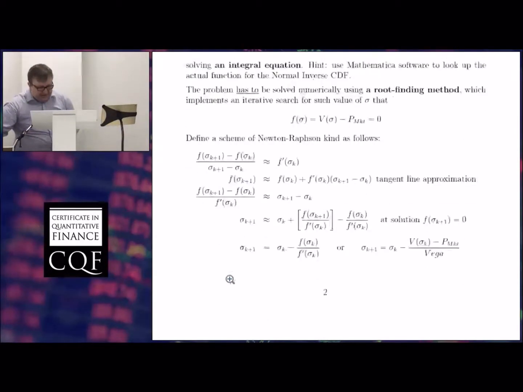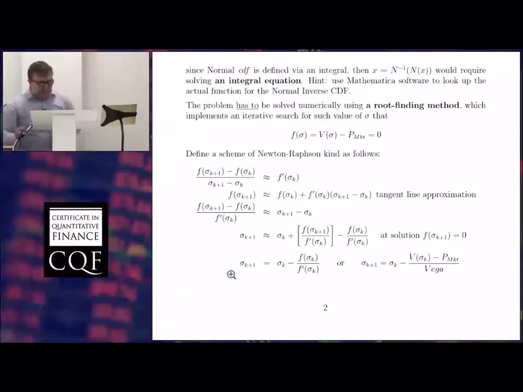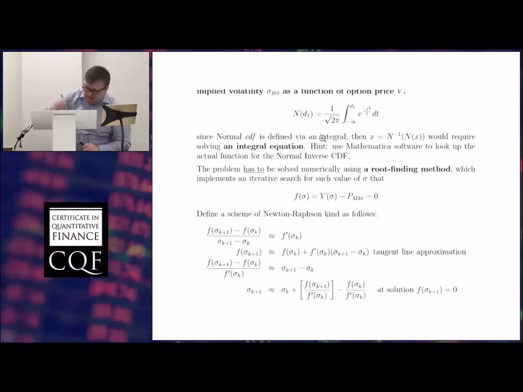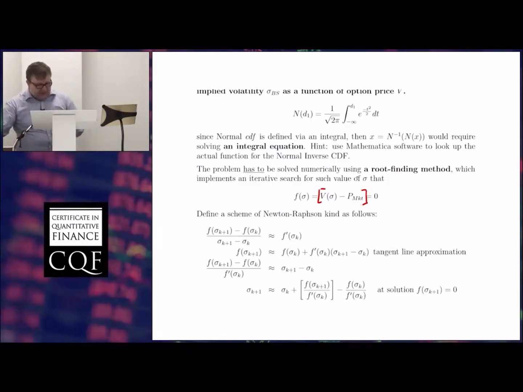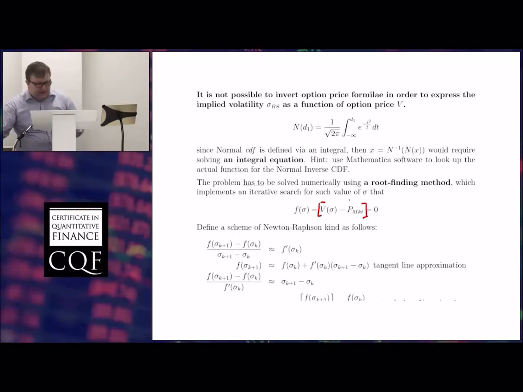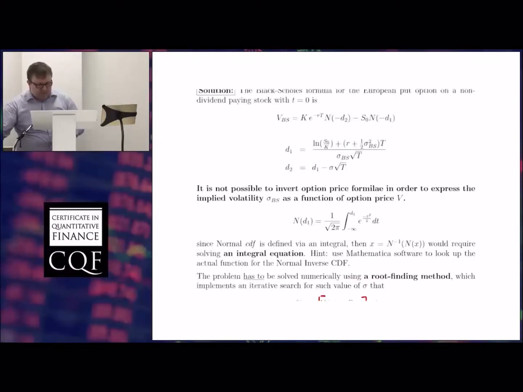The root finding though is set up simply as this. We have the function f, and the function is the option price, the option formula with volatility as the input, minus the market price, and this should be equal to 0.